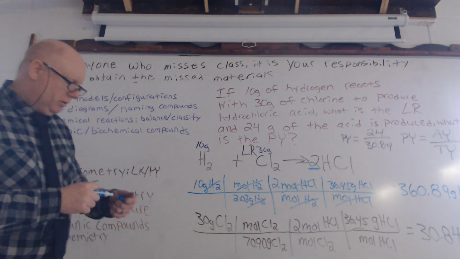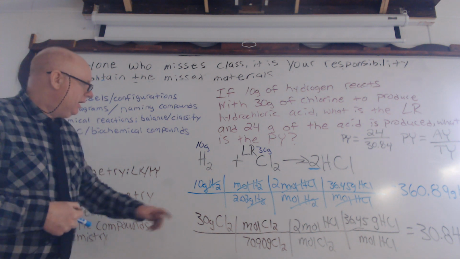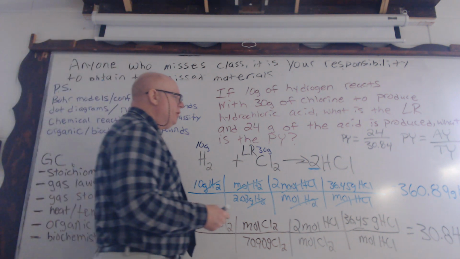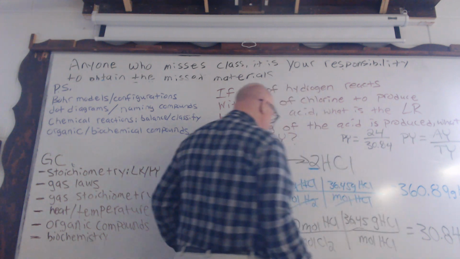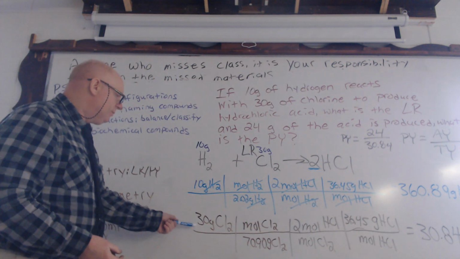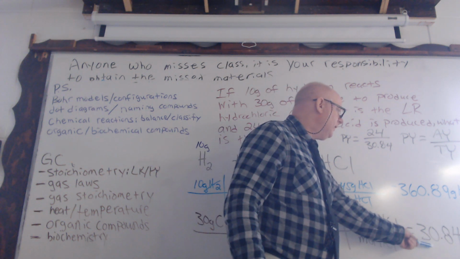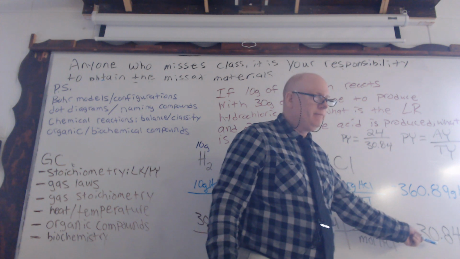This also determines what your limiting reactant is. Because if you start with 10 grams of hydrogen, you produce 360 grams of this hydrogen chloride. But if we only start with 30 grams of chlorine, we're only making that much HCl. An alternate way of determining your limiting reactant.